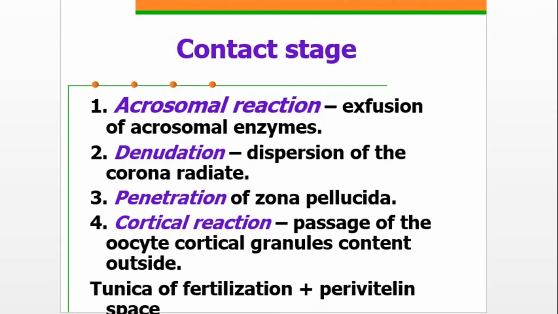And first of all, for penetration of layers, for getting to the cytoplasm of the secondary oocyte, sperm cells must release proteinase. And after the melting of the corona radiata, the next layer, the zona pellucida, would undergo melting by the hyaluronidase, because zona pellucida is mainly composed of hyaluronic acid.